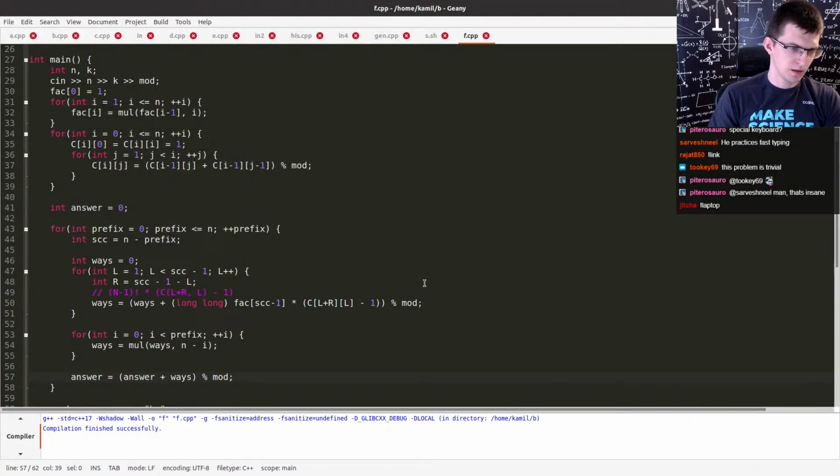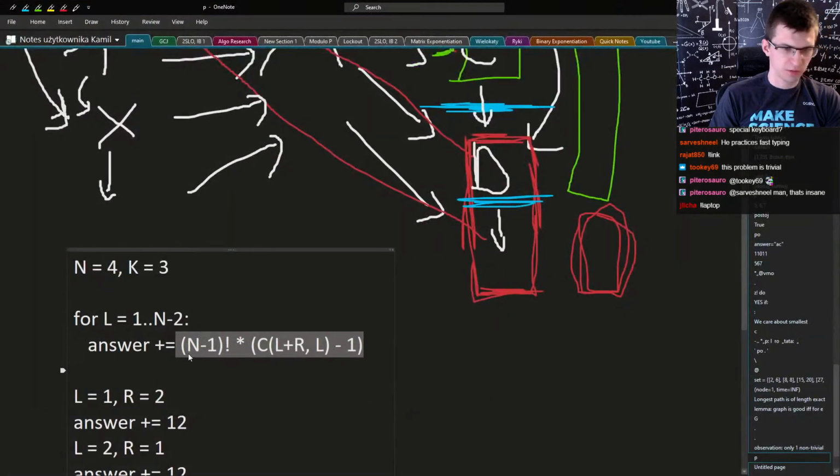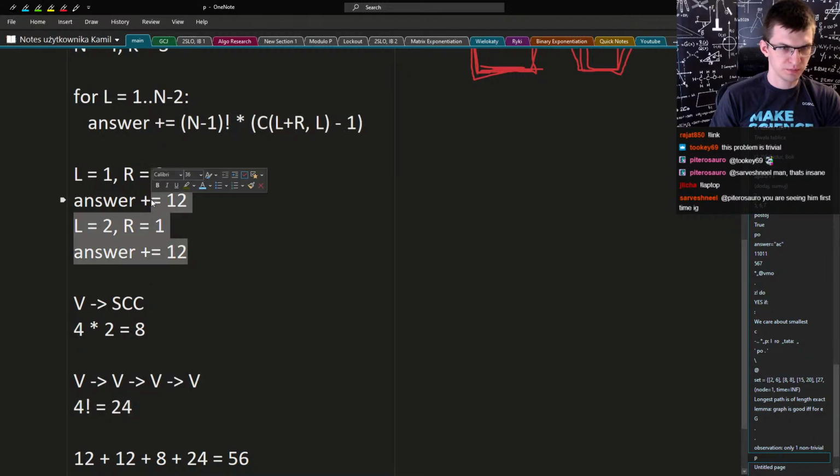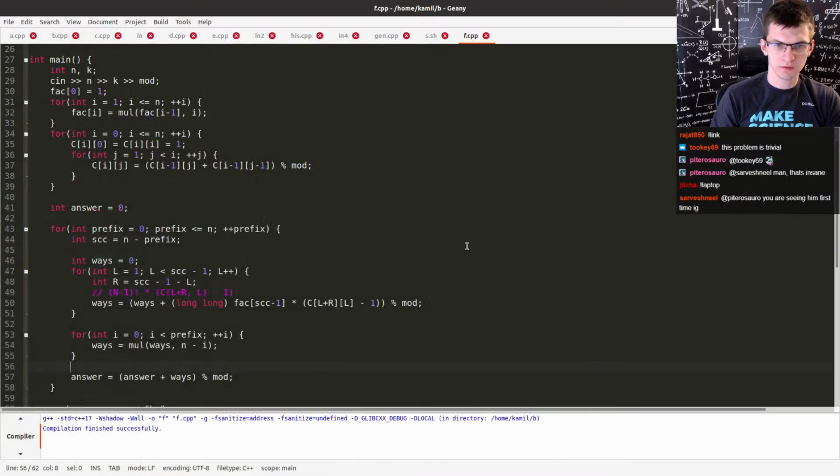I missed something, but maybe it will be easy to see what I missed. 32 seems to be 24 plus 8. So maybe I didn't handle prefix equal to 0.